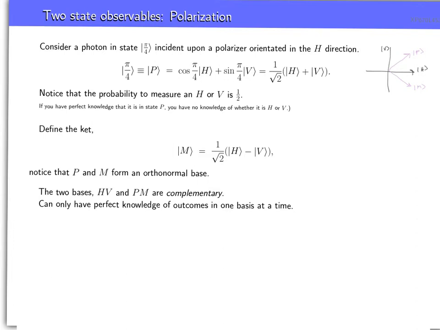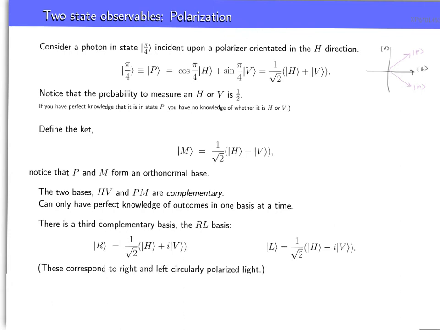Now, you remember in spin we had three complementary bases measuring the Z direction, the X direction, and the Y direction. Likewise here, polarization, there are three complementary bases. The third one is, you may try to guess, but go back to our discussion of classical polarization. Remember, there was another type of polarized light, which was circular polarization.